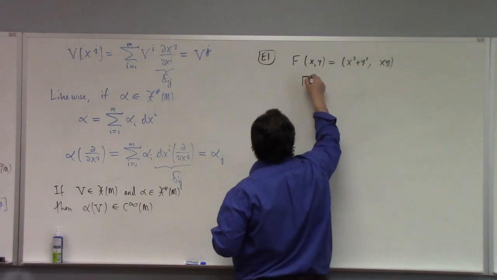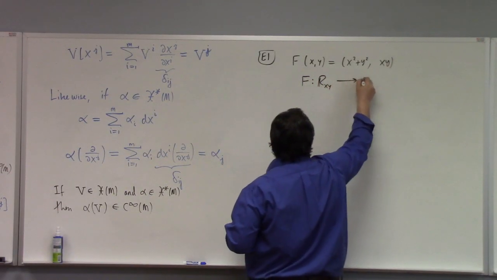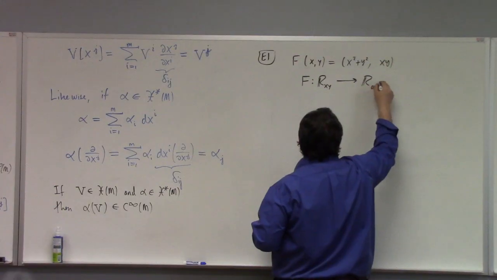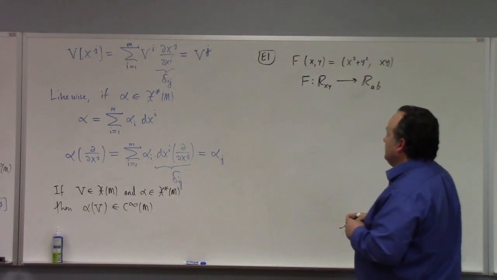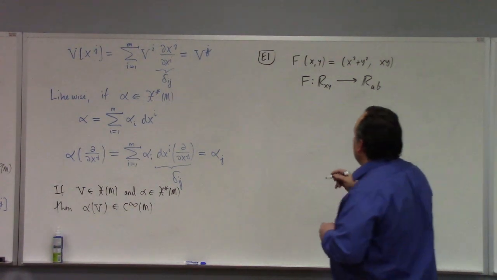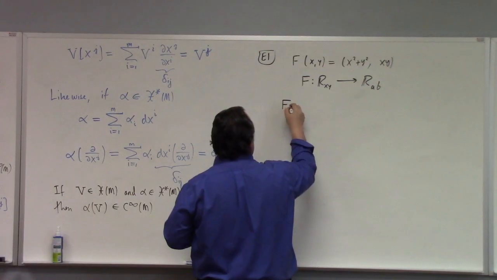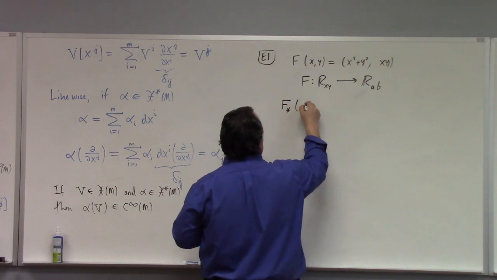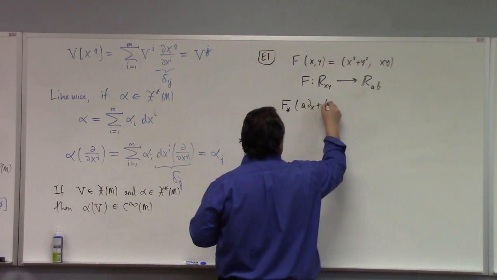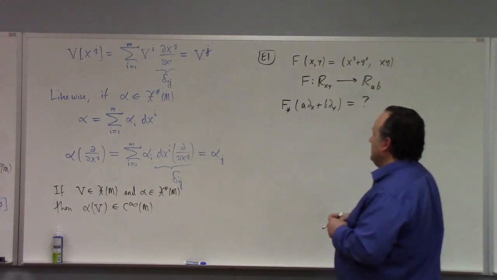And I'm saying f is a mapping from R with xy coordinates, and let's say that this over here is AB coordinates, right? And I want to calculate the push forward of an arbitrary vector, what's the push forward under f of a partial x plus b partial y, right?